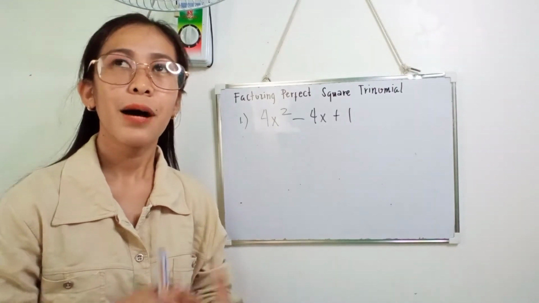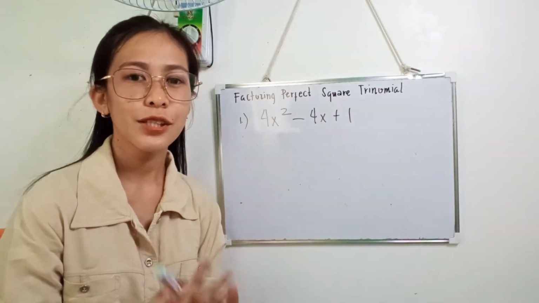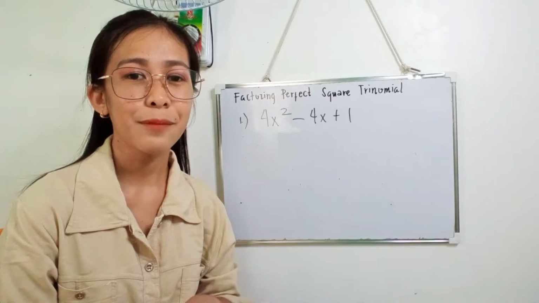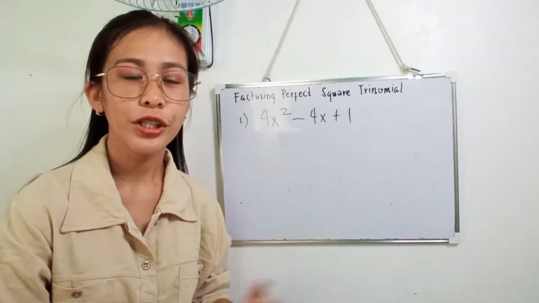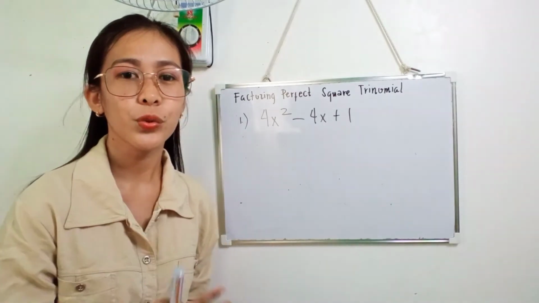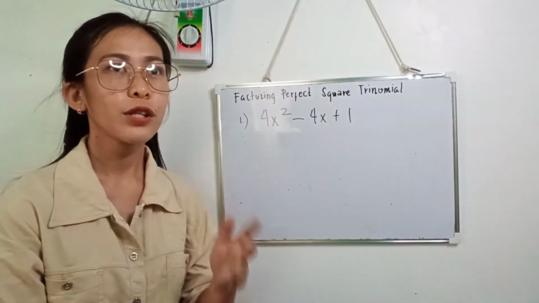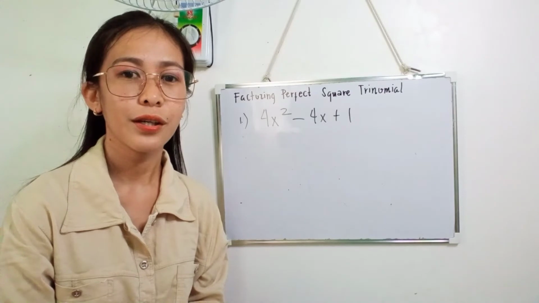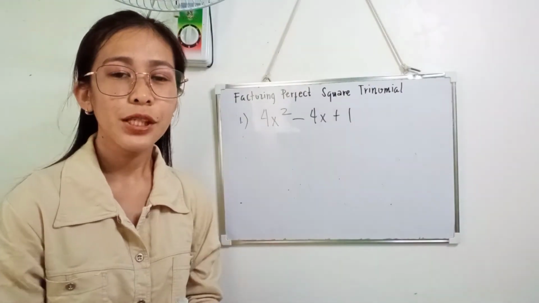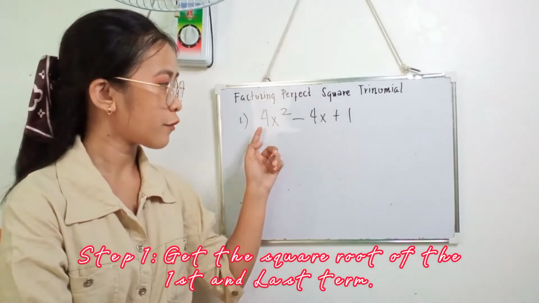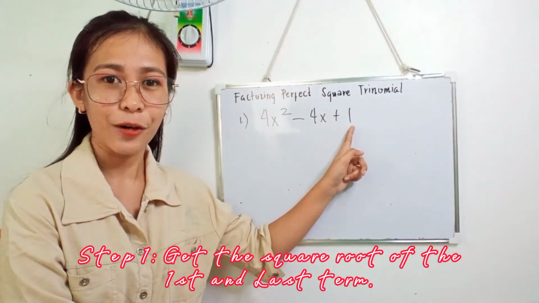Now, how are we going to factor a perfect square trinomial? Meron lang tayong dalawang steps, and kailangan natatandaan nyo pa din yung pattern na ibinigay ko kanina, to enable you to identify how you are going to come up with the answer. So, this is 4x squared minus 4x plus 1. The first step is to get the square root of the first term and the last term.